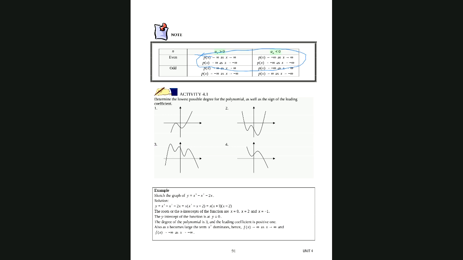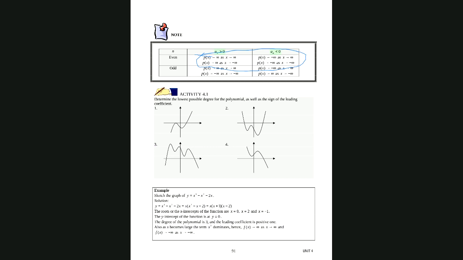Now, what about the last one? What will be the degree? 3. And what is going to be the sign of the leading coefficient? Positive or negative?